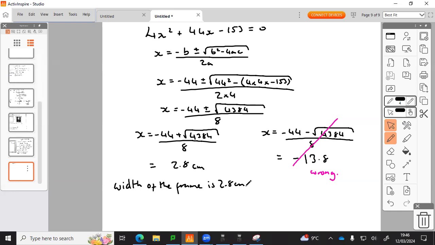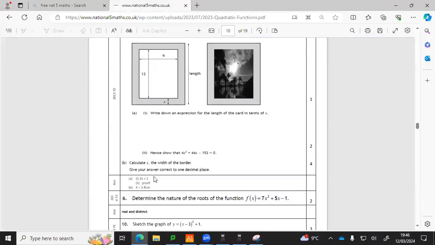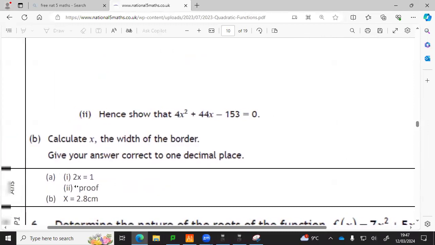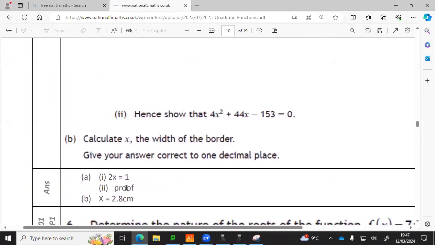So how do you write that? How do we know that 2x equals 1?